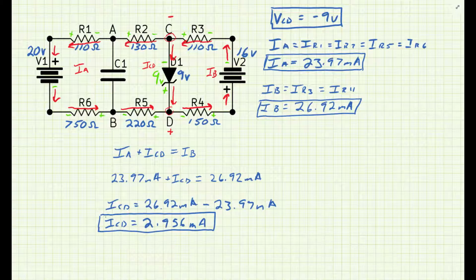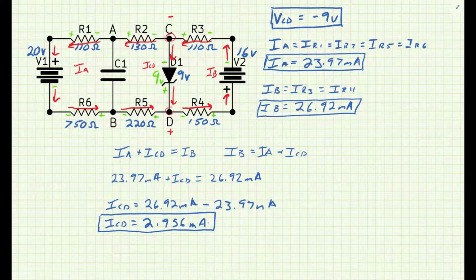Alright, and that all being the case, I can look at this other node and I can see that I've got two things leaving, and I've got R3, or IR3, or IB again entering, which is going to give me the same equation. I've got IB entering equals IA plus ICD. Okay.